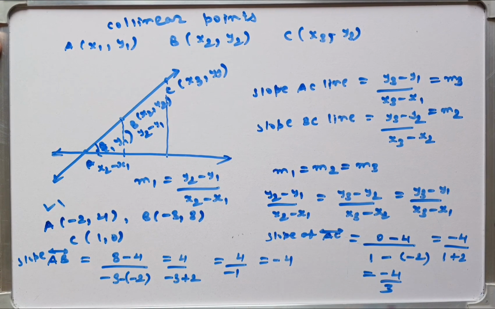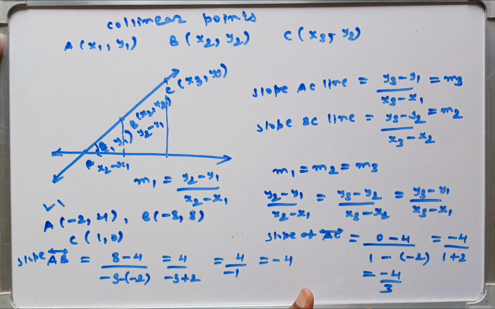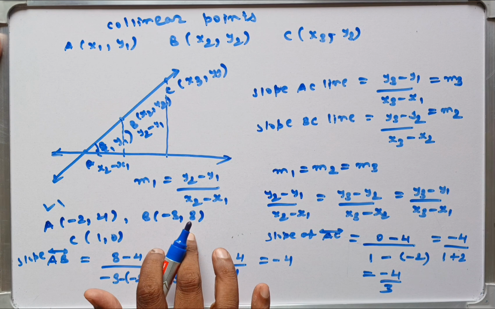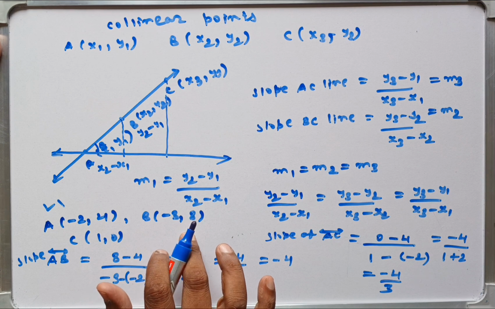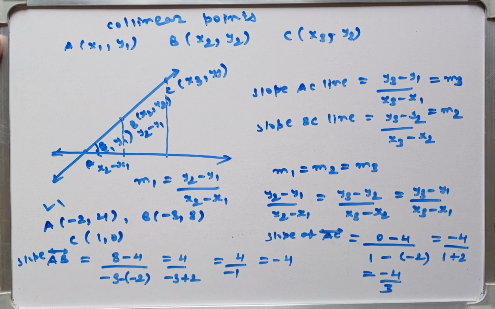So the slope of line AB and the slope of line AC are not equal to each other, so these given points are not collinear, meaning all these points are not lying on the same straight line.